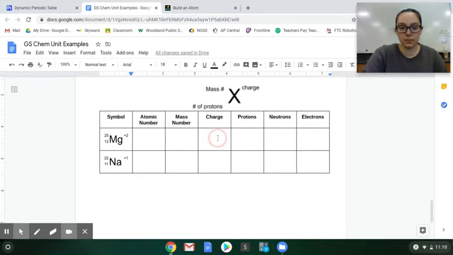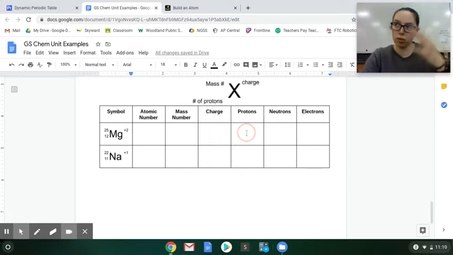So in the third part of your ions and isotopes practice, you had to fill out this table based on the symbol. And so there's a lot of information within this symbol. My atomic number is equal to my number of protons, which is this number right here, this 12. So that means my atomic number is equal to 12.